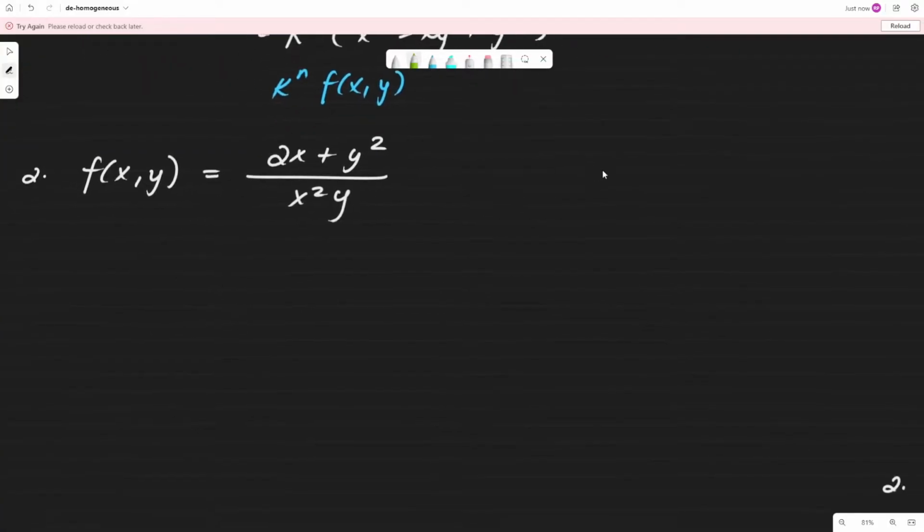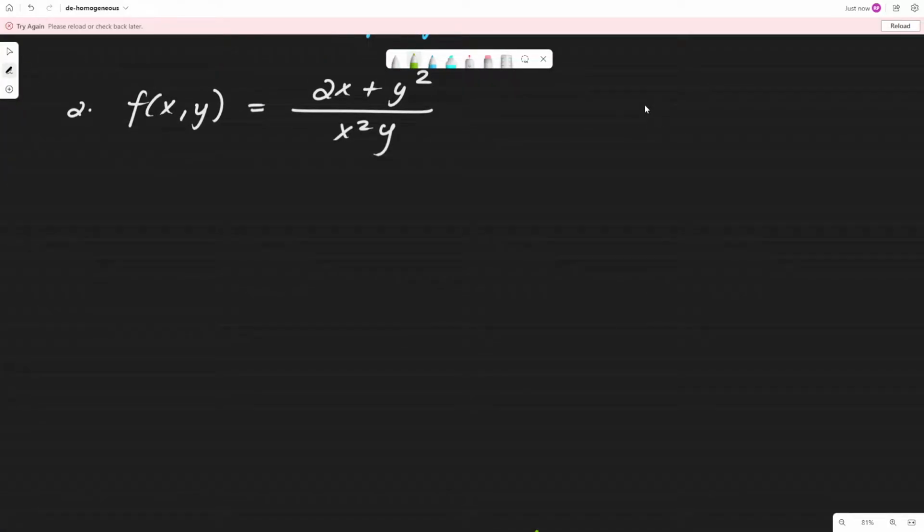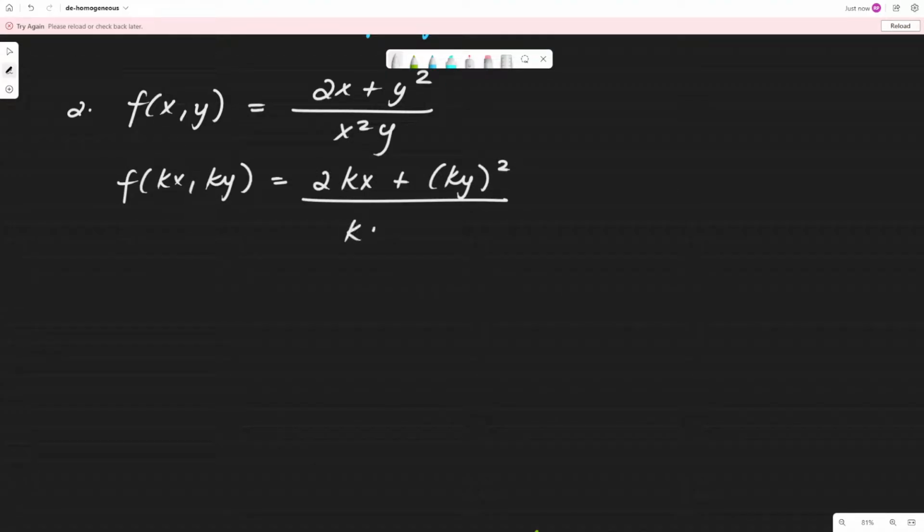Let's try this second example. We have here f of x and y equal to 2x plus y squared all over x squared y. Let's check if this is homogeneous or not. We have f of kx, ky. This is equal to 2kx plus ky squared all over kx quantity squared times ky.